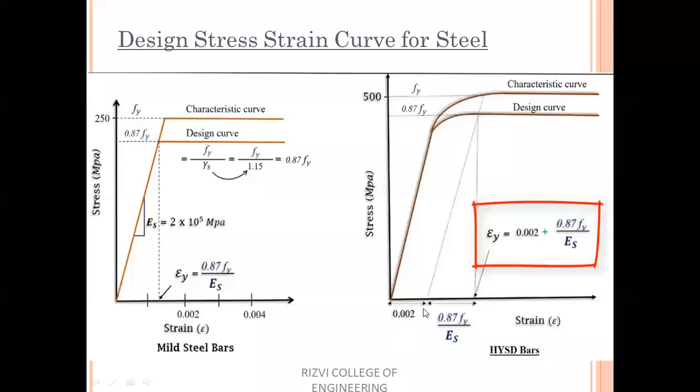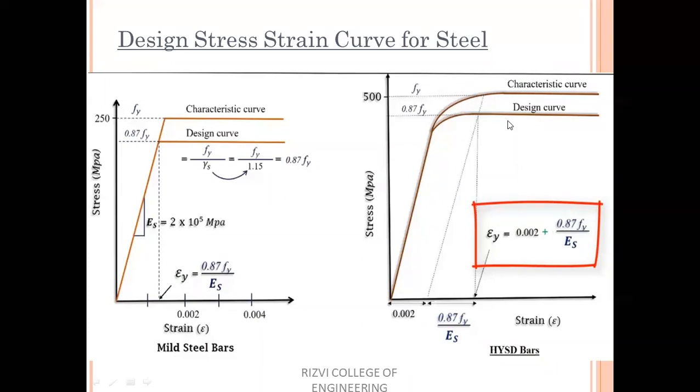Understood everyone? So that is the reason we have taken a point from this, and when the line from this point parallel to this hits the curve, that point is nothing but your yield stress.